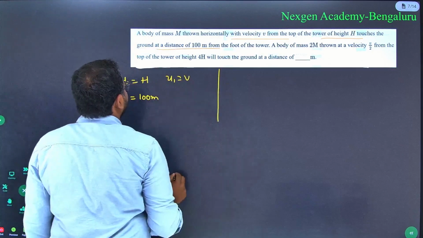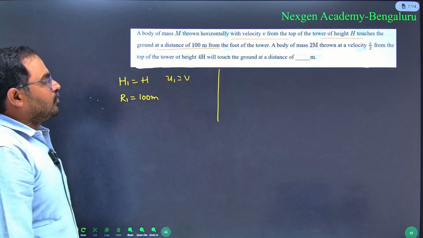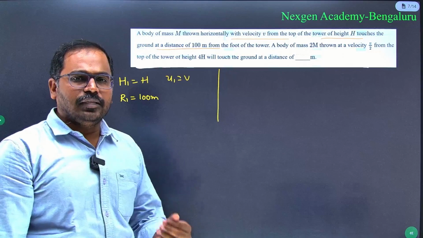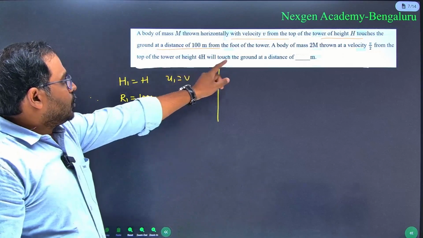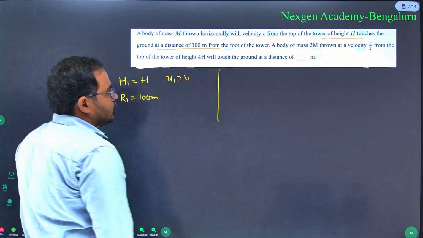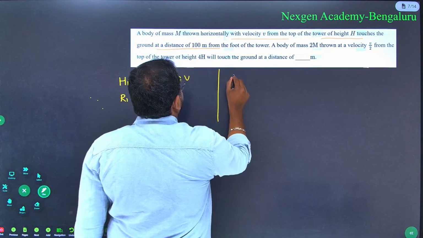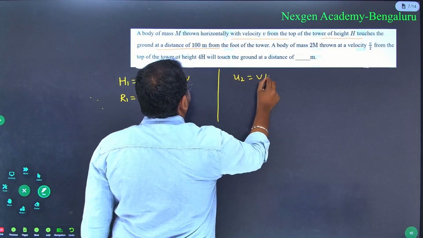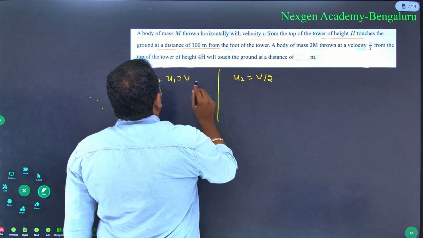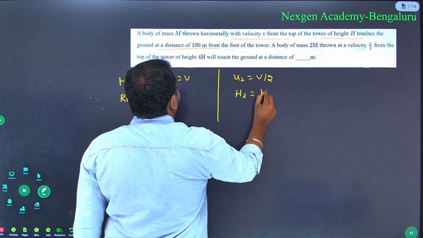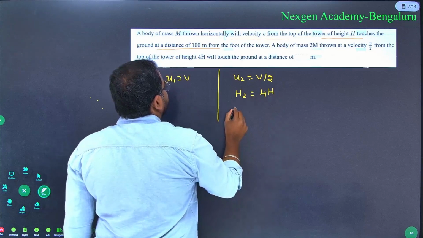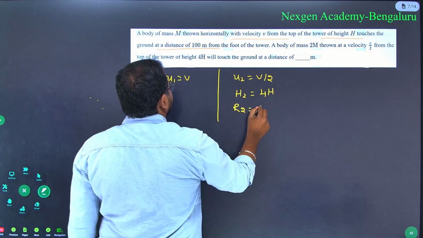Second case, a body of mass 2m, as I told you, the properties or characteristics are independent of mass, thrown at a velocity v by 2. So that is u2 equal to v by 2, and the height of the tower is equal to 4h, and then they are asking for the horizontal range.